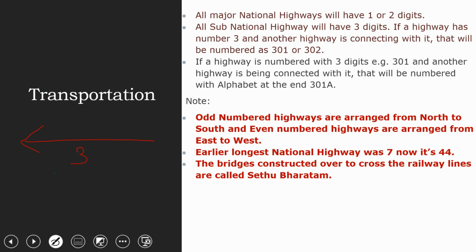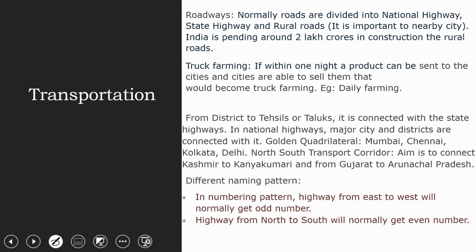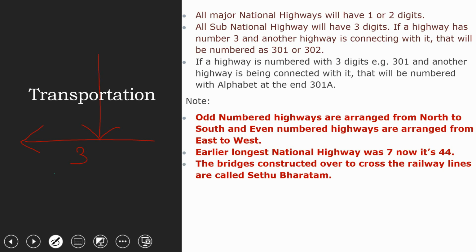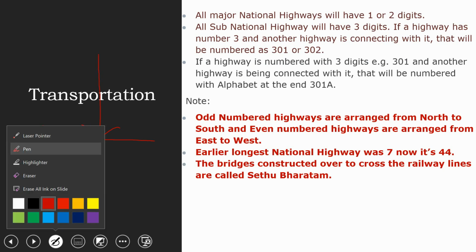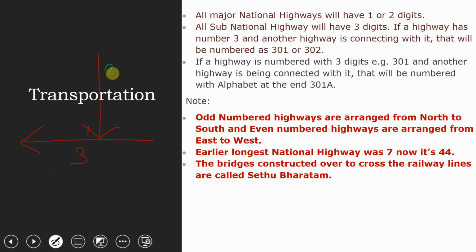Now one highway is coming from north to south, so what will be its number? North to south will get an even number, a number ending with 2, 4, 6. So this one, connecting to the third highway, will get the number 302.